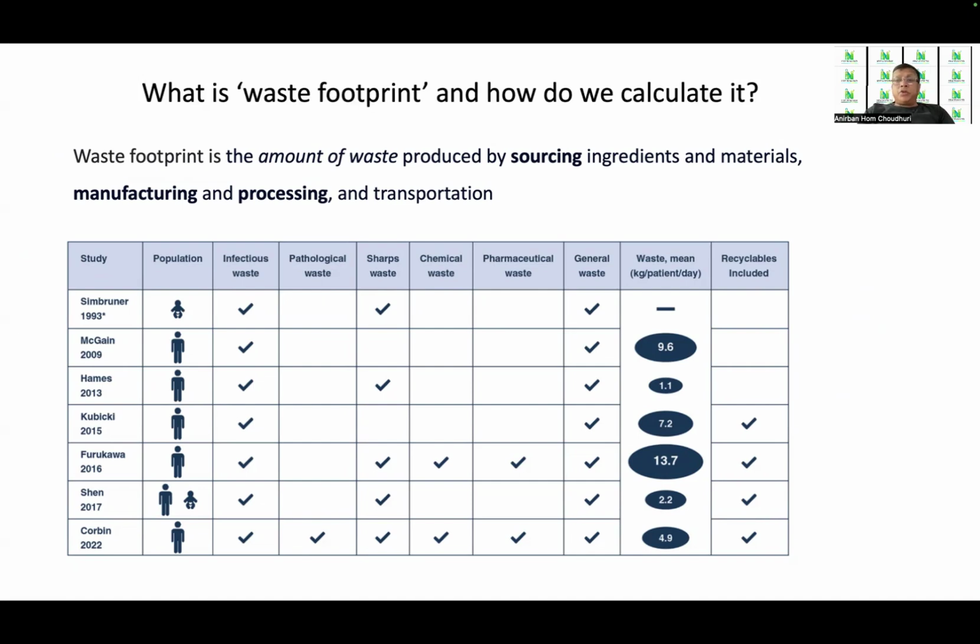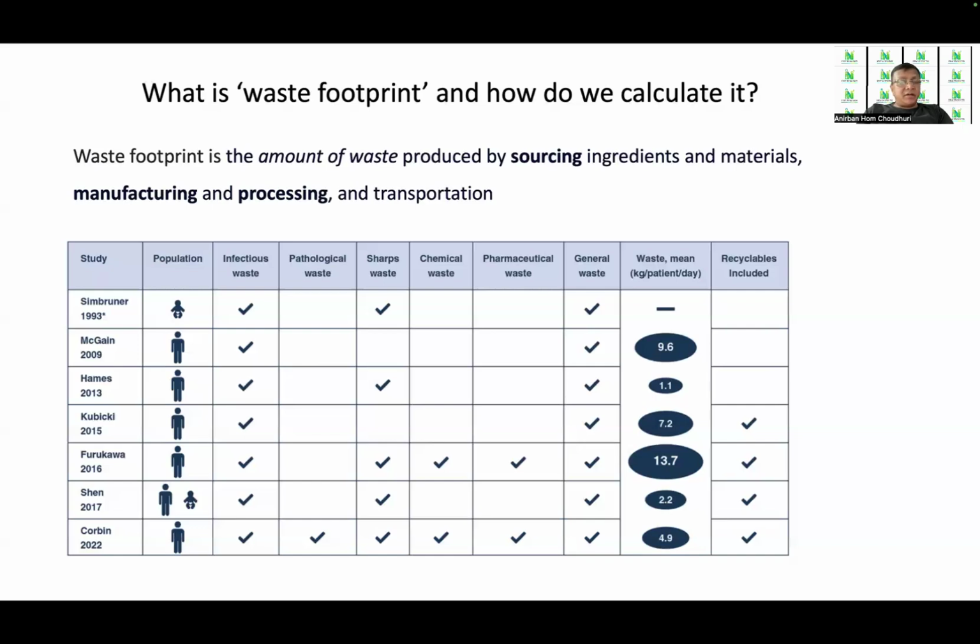It is good to have the recyclables included so that the effect of using recyclables on reducing this waste burden, or reducing the waste footprint, can be calculated by subtracting those recyclables.